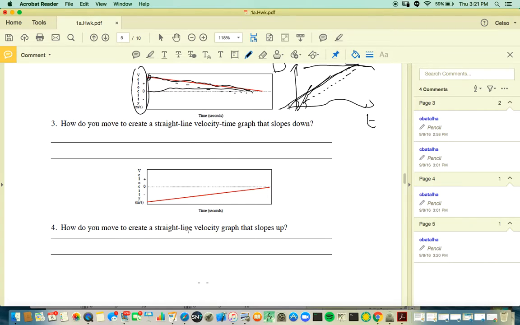Now, where are we? How do you move to create a straight line velocity graphic that slopes up? So here, this slope of velocity versus time is a positive slope. The velocity is negative in the beginning, and the velocity goes to zero. So the acceleration is more than zero. Your velocity is always less than zero. So what's the situation?